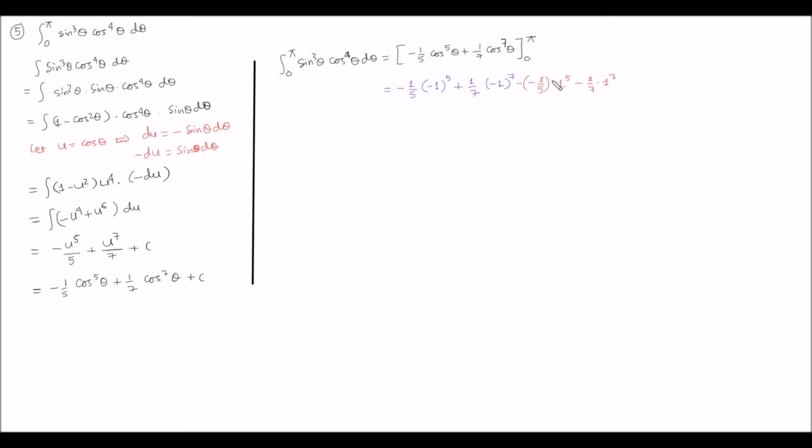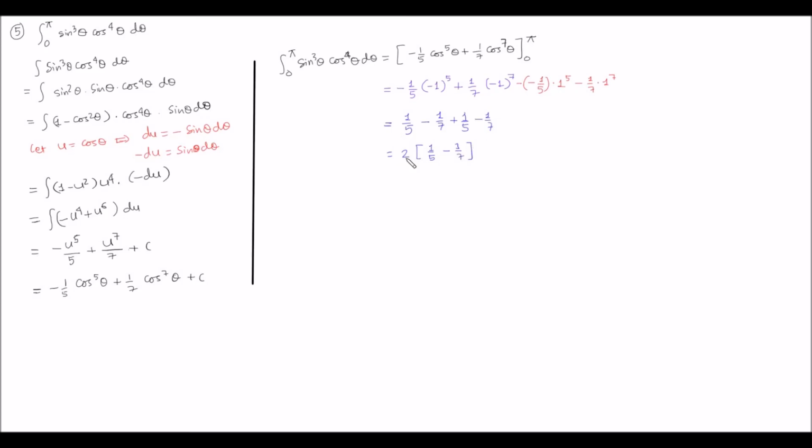Cosine to the power 5 makes it 1 to the power 5, and minus 1 by 7 times 1 to the power 7. So you can easily see that this would be 1 by 5, this would be negative 1 by 7, this is positive 1 by 5, and this would be negative 1 by 7. These two will give us 2 by 5, and these two will give us negative 2 by 7.